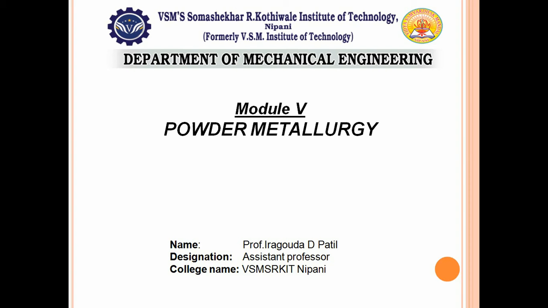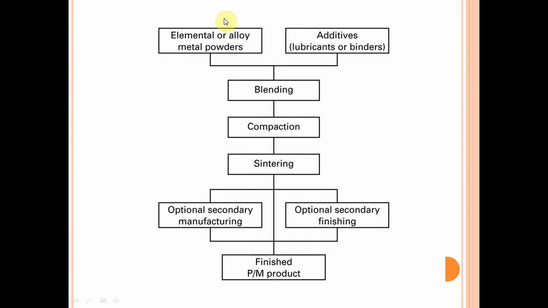Let us see in a flow chart in detail how powder metallurgy takes place. Initially we have a combination of alloys or elemental powders with some additives, as I just told, lubricants or binders, which are mixed or blended together.